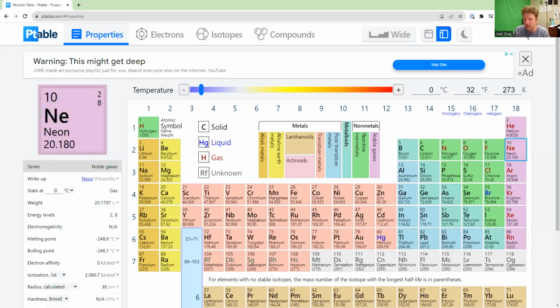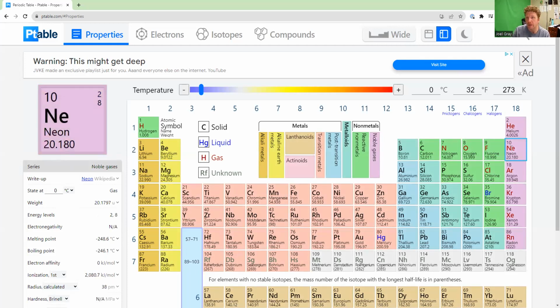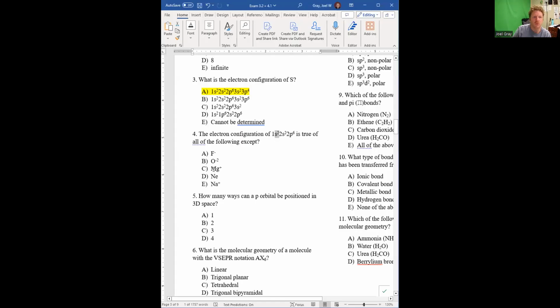Well, F minus has 10 electrons. Neon has 10 electrons. Some of the other answer options were magnesium plus, okay, well, magnesium plus 1 has 11 electrons. Then oxygen 2 minus has 10 electrons, and sodium, Na plus, has 10 electrons. So our correct answer for the one that is not true would be C, magnesium plus.